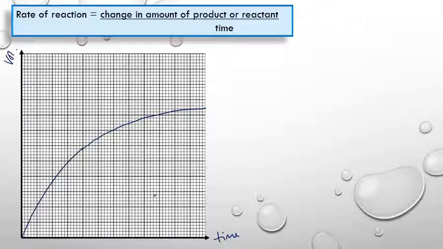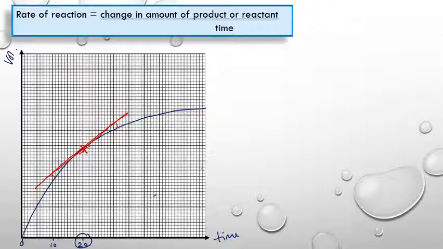What I do is draw a tangent. Say I want to find the rate at 20 seconds. Here was 0, 10, 20. I go to the point at 20 there, and I draw a straight line that shows the gradient of the curve at that point. The distance from the curve should be about the same on either side.